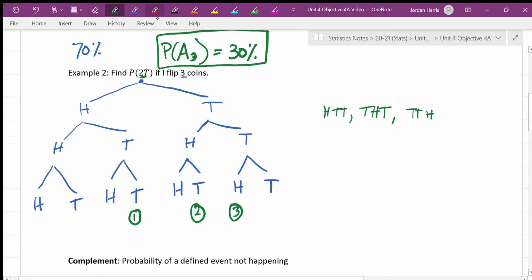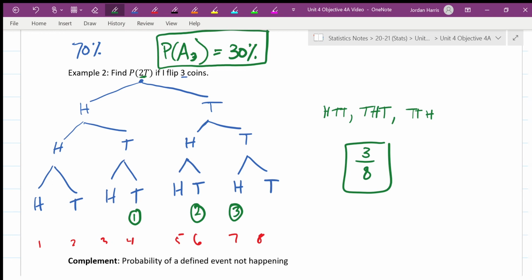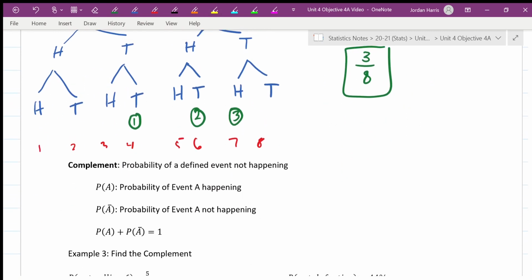Those are my 3 options, and then we count the total number: 1, 2, 3, 4, 5, 6, 7, 8. I have 8 options. 3 of them are what we're looking for, so 3 out of 8. I could get the percentage if I want, but remember, every answer can be either a fraction, a decimal, or a percent. Okay, so that's dealing with the probability.